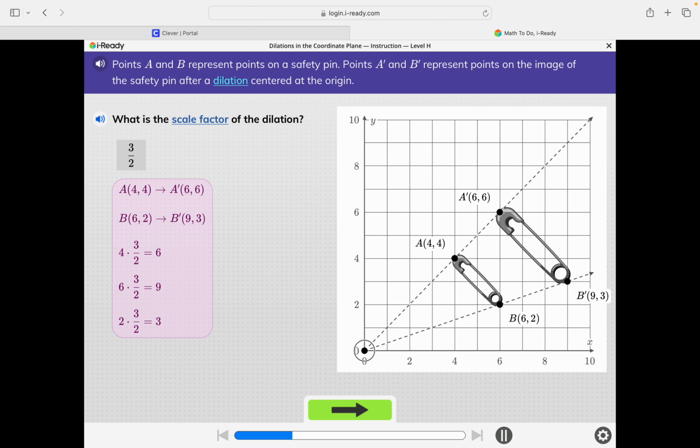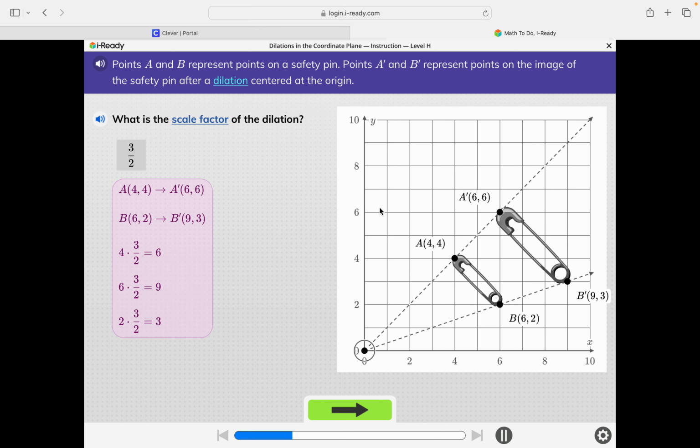Points A and B represent points on a safety pin. Swani, can you read the question? Points A and B represent points on a safety pin. Points A prime and B prime represent the points on the image of the safety pin after a dilation centered at the origin.